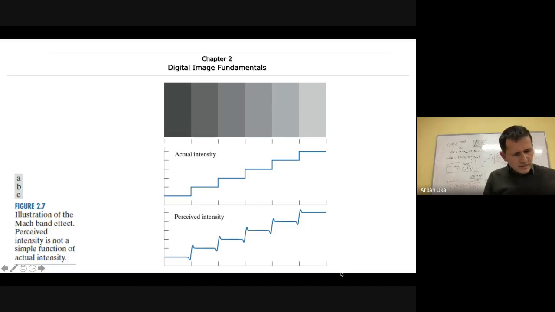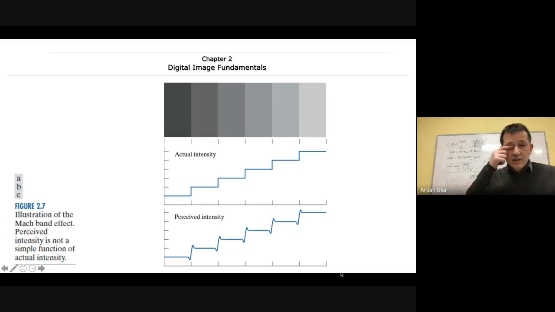Now, another thing that we can add regarding the intensities is that low levels of illumination are carried by rods, and high levels of illumination, this vision is carried by the cones, which are in human eyes.